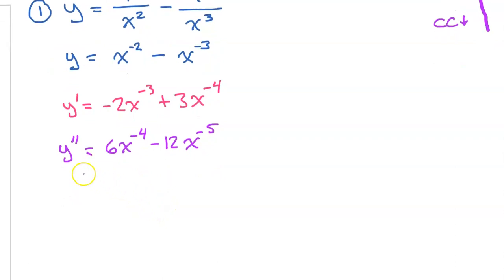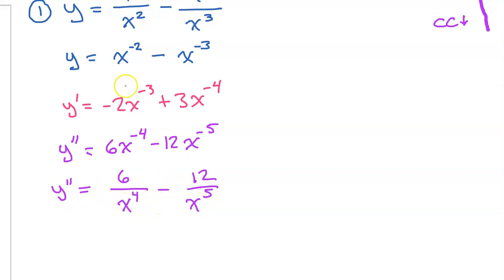I need to go ahead and rewrite this with positive exponents as I prepare to figure out where the sign changes are. So this will be 6 over x to the 4th power minus 12 over x to the 5th power. In order to find where y double prime changes signs, it will be useful to write this as a single fraction.